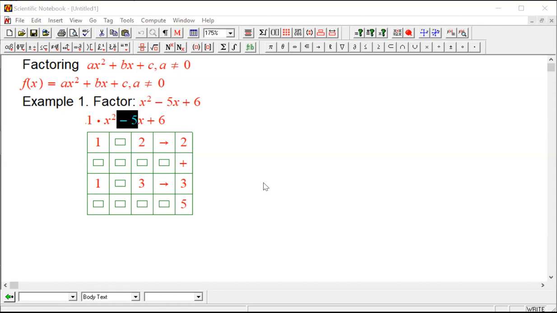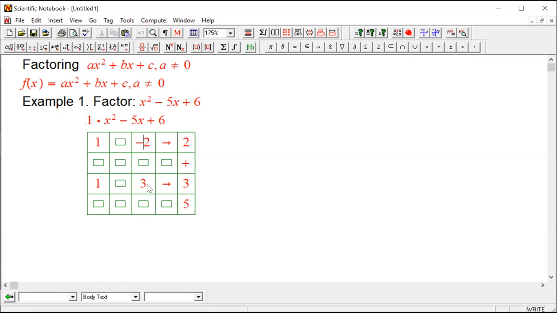Okay, redo it. Still 1 equals 1 times 1. 6 equals, instead of 2 times 3, I'm going to write -2 times -3. Now 1 times -2 is -2, and 1 times -3 is -3.